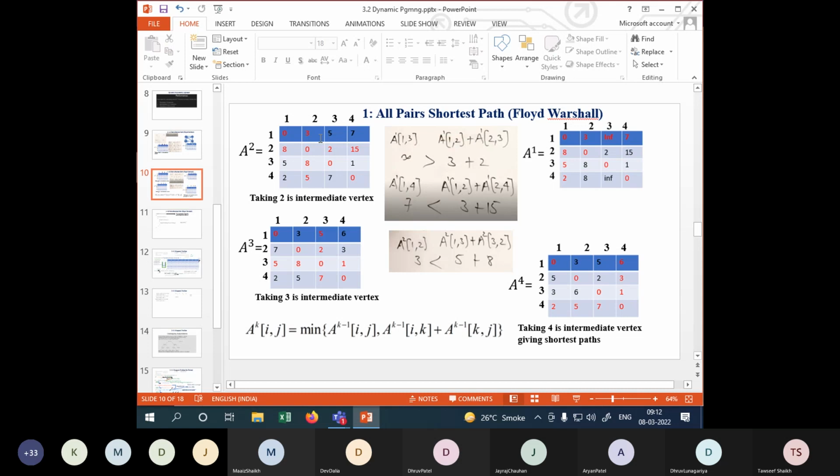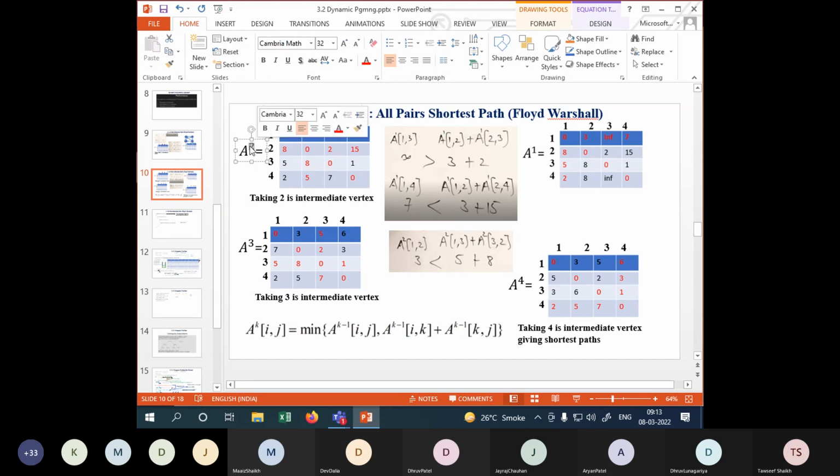So in the first row itself, when we go from this row 1 and column 3, this is 5. So that means we have to relax A1 comma 3, the first row and third column. So that could be relaxed as A1 comma 2, introducing this second node as the intermediate, like we did in the previous one, where we introduced the node 1.